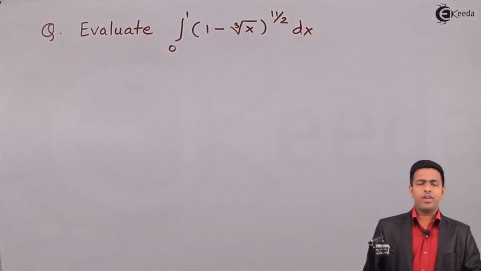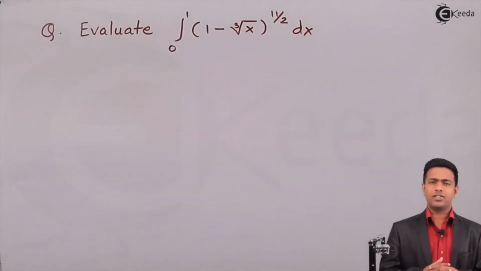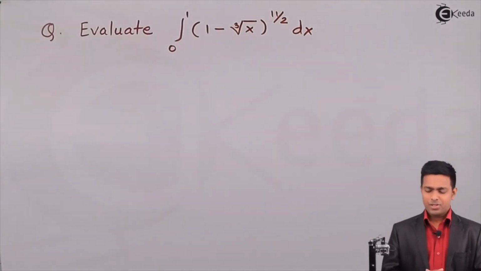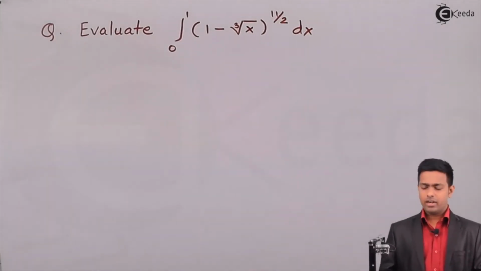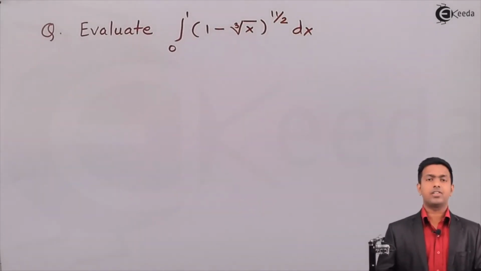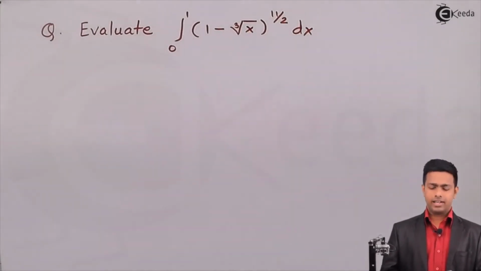So here we are going to see a numerical which is based on beta function, and we will be solving this numerical by using the definition of beta function. So for that, here we have the integration from 0 to 1, (1 minus cube root of x) the whole bracket raised to 11 upon 2 dx, and we have to evaluate this integration.